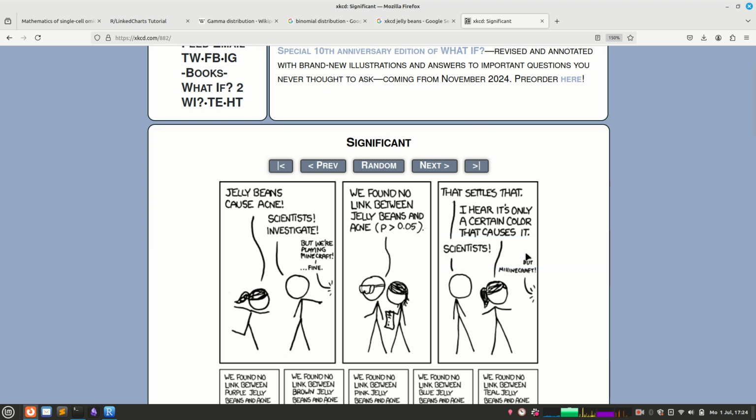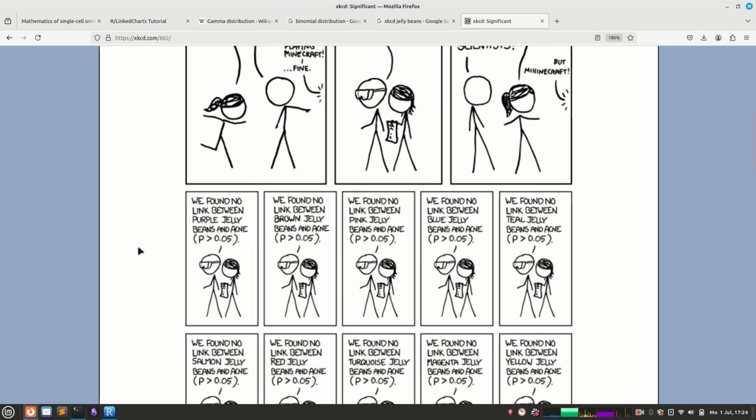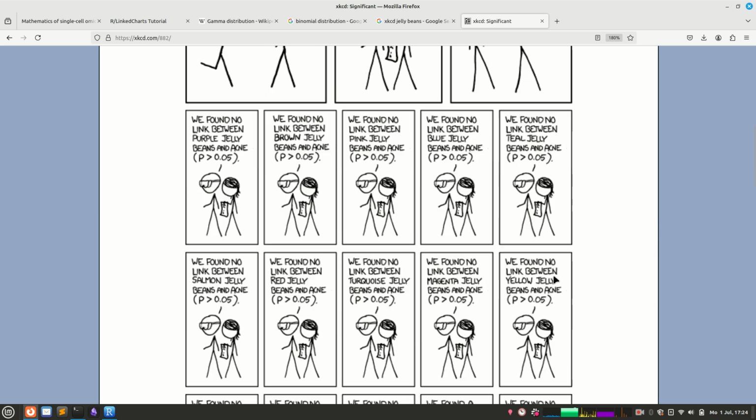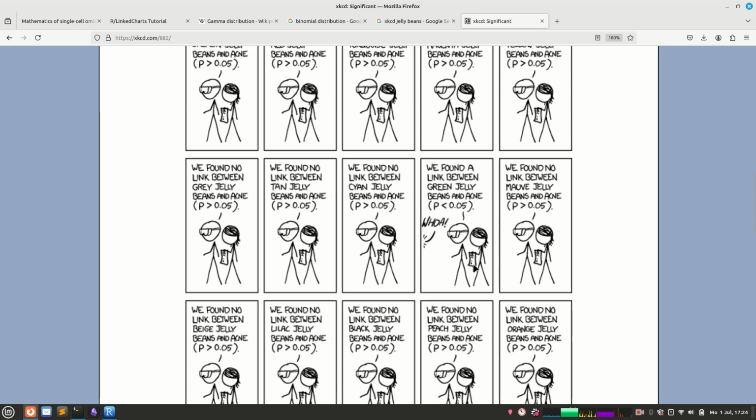Then it might still be that you have to substratify and say it's only a certain color. And then this will happen. We found no evidence in purple. Next team says no evidence for brown, no evidence for pink, except for these people here.